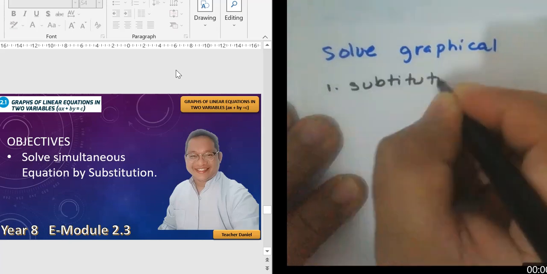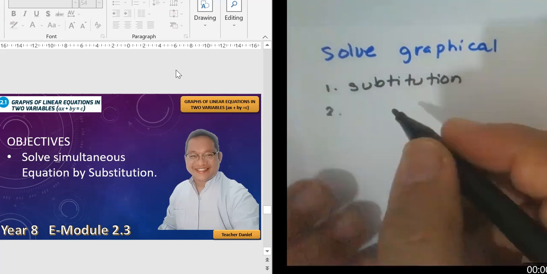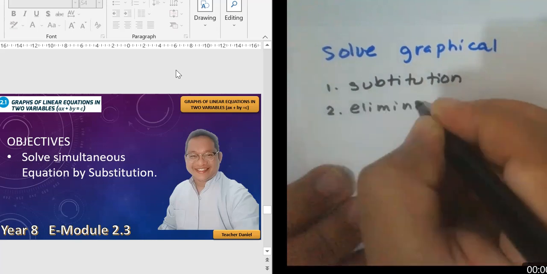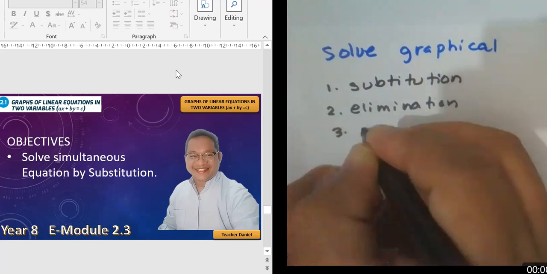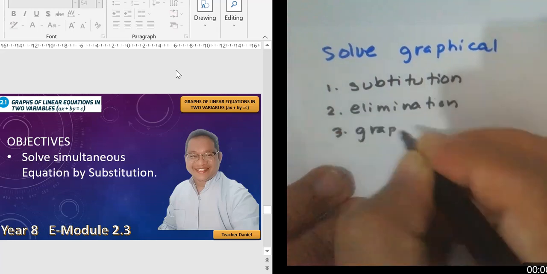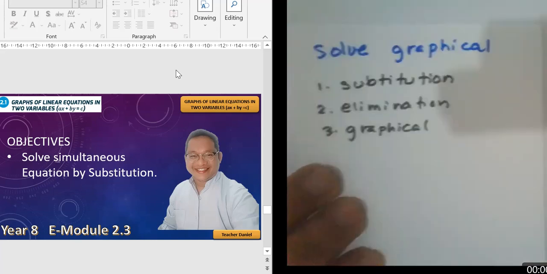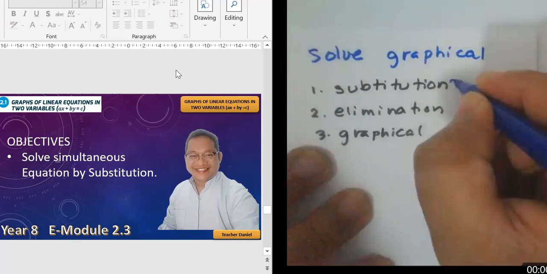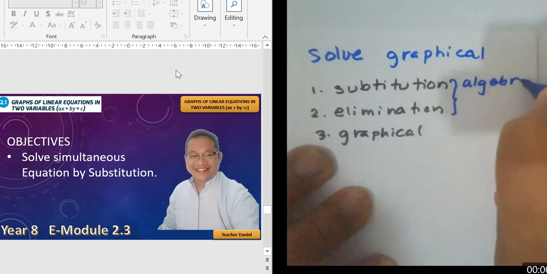Solving by substitution. The other one is what we call solving by elimination. And the third, which we have just done, is called the graphical method. The first two here are what we call algebraic methods, because we are using algebra.